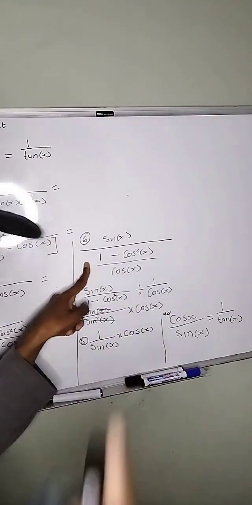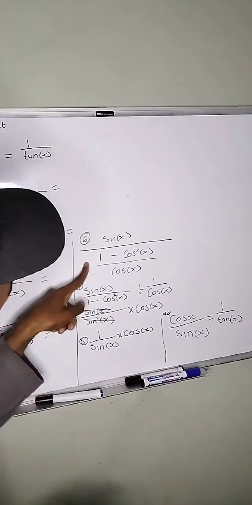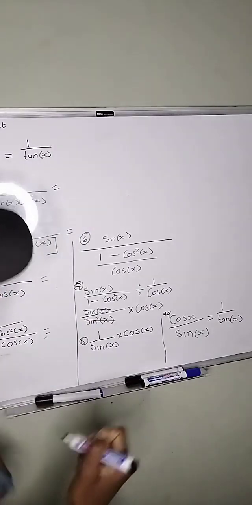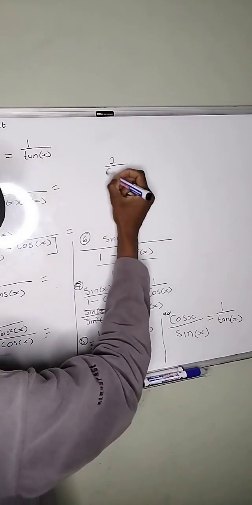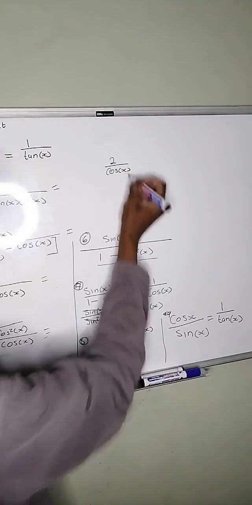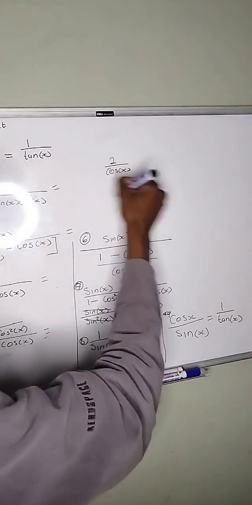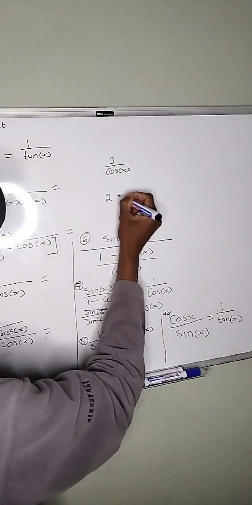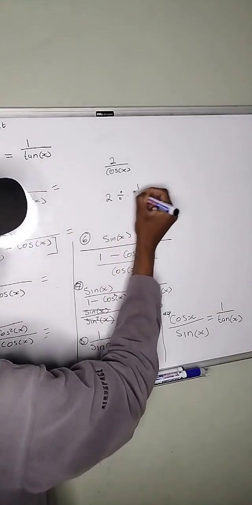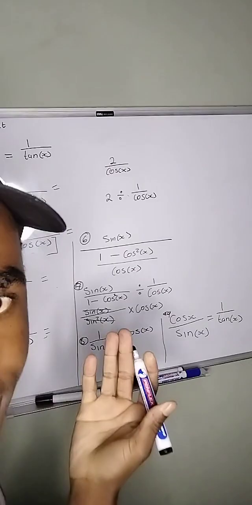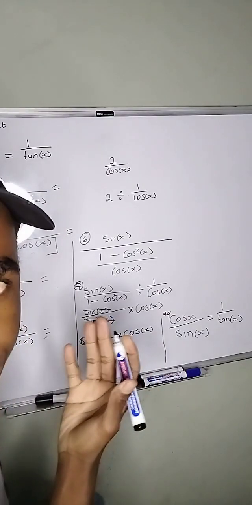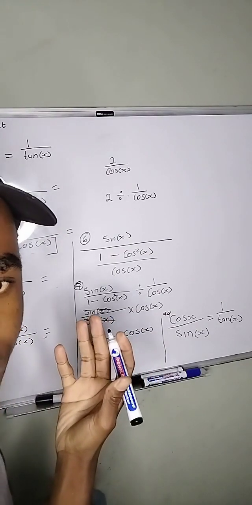I'm not sure if it's understandable. Because obviously, if maybe I have 2 over cos x, I can rewrite this as 2 divided by 1 over cos x. Is that clear?